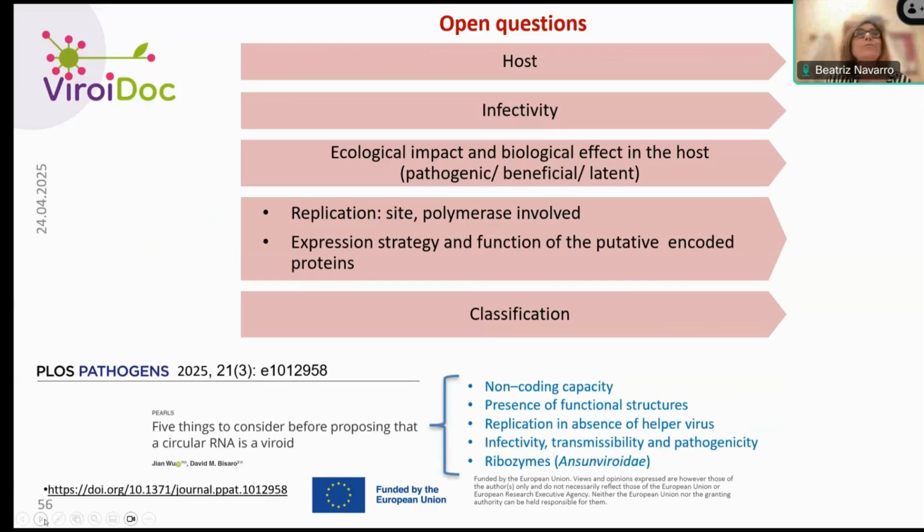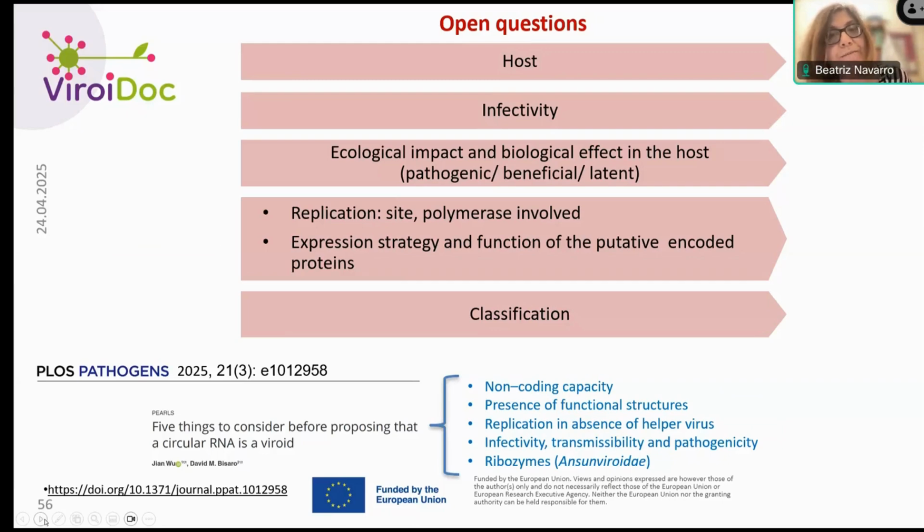To answer them, first of all we need to identify the host of these viroid-like RNAs, because they were found in metatranscriptomic data from different ecological niches, different sources. But we need to know the host to follow the experimental confirmation that is necessary to go ahead. And then we need to answer if they are effective, the infectivity, as the title of the talk says.